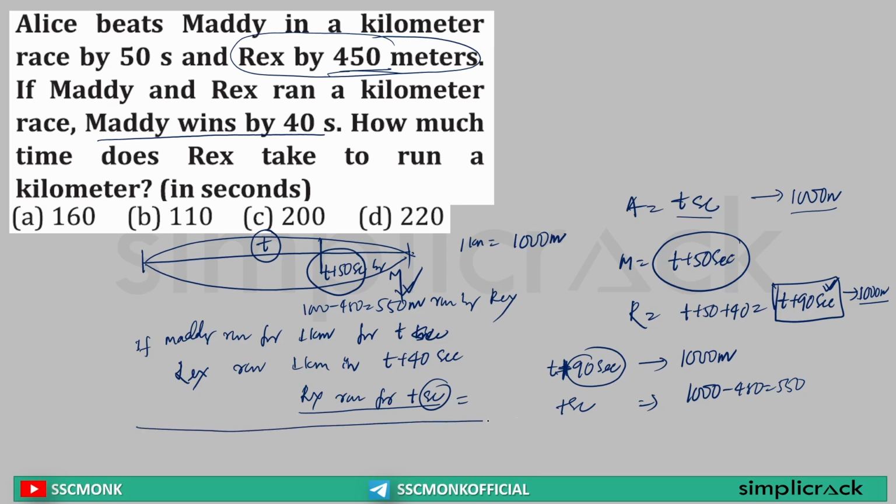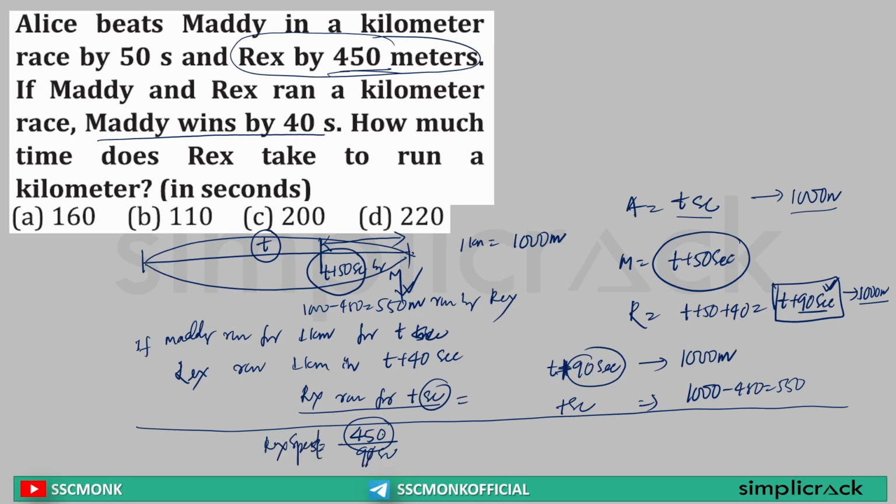From this information, I can find out that this 450 meters will be covered by Rex in how many seconds? In 90 seconds. So the speed of Rex is 450 meters over 90 seconds.